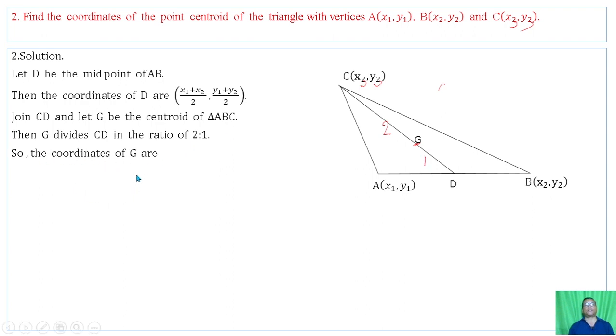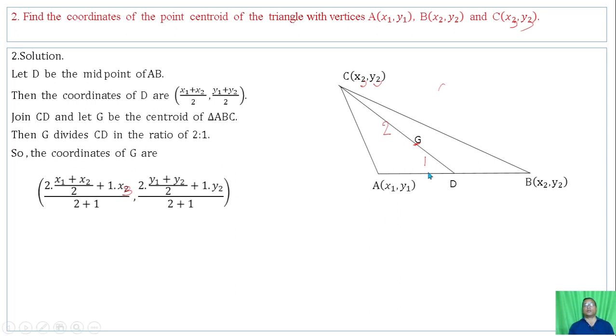So the coordinates of Z are: x coordinate, 2 into the x coordinate of D, that is (x1 plus x2) by 2, plus 1 into the x coordinate of C, that is x3, whole divided by 2 plus 1.